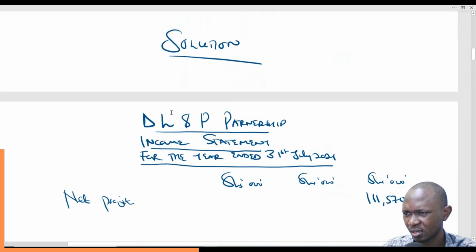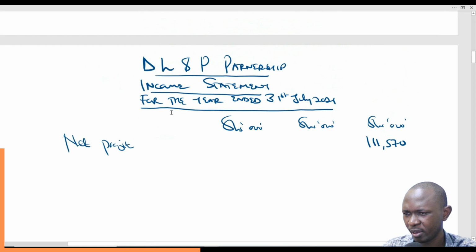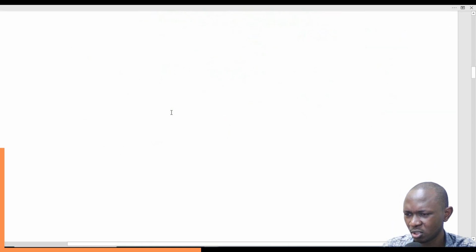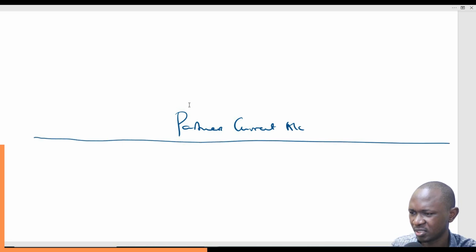So this is our income statement appropriation. So I think let's just leave enough space, and then start also the partner's current account. So let's have the partner's current account here so that we can just fill them together. Partner's current account, and since there are 3 partners, we have the 3 columns. Let me just get this line right.